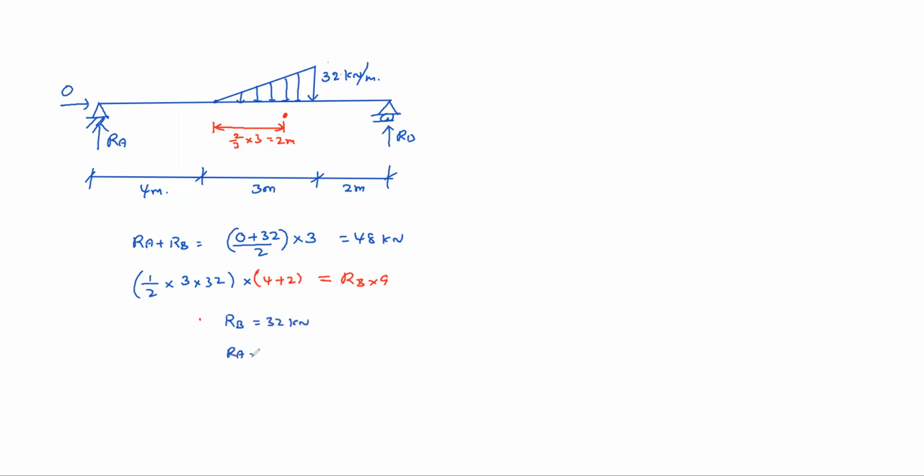So RA equals 48 minus 32, that is 16, 16 kilonewtons. So like this, just by applying equilibrium conditions, you can find out the external reactions.